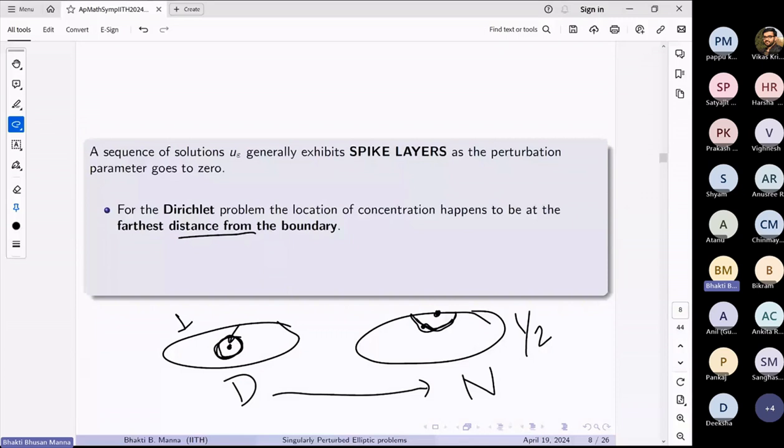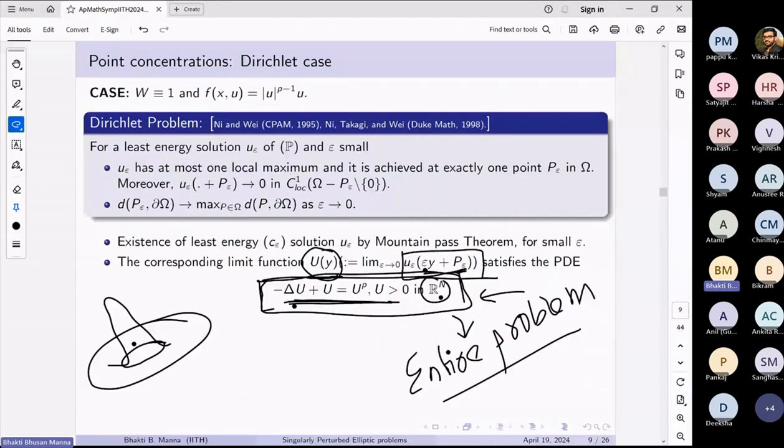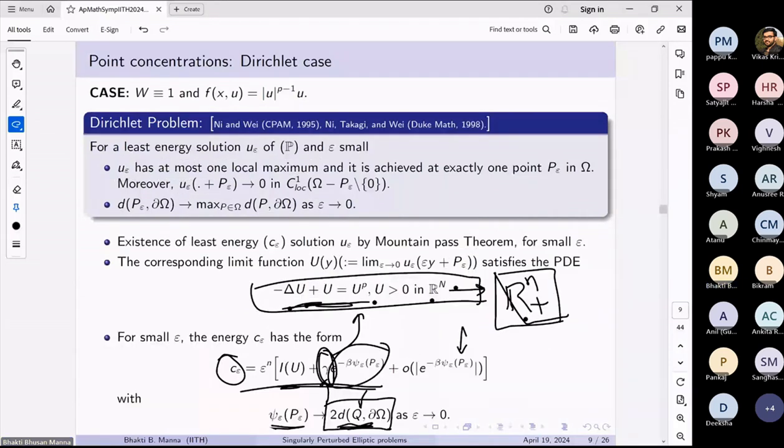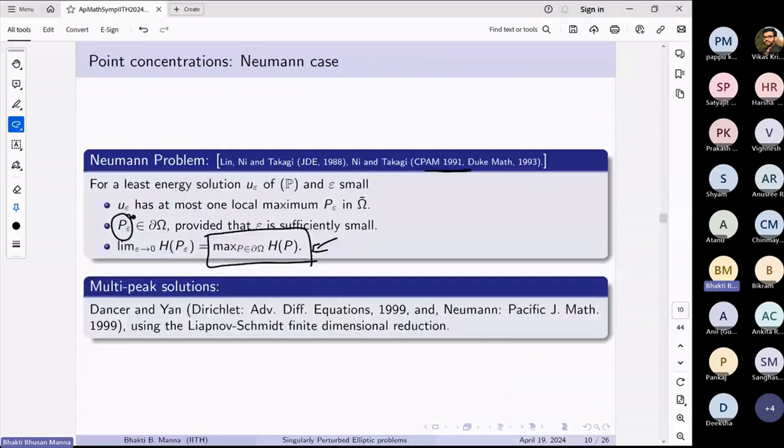Here they started with just a single point because the mountain pass solution will give us single point concentration, but then the natural question is whether we can find some solution which doesn't concentrate on one point, maybe more than one point, or maybe on a subset. Is it possible? And there are a lot of results which came up after that.